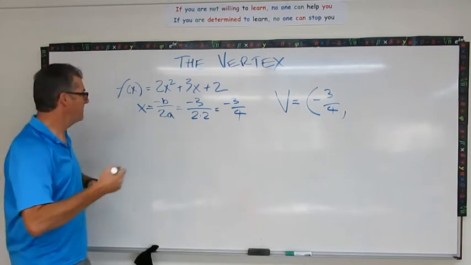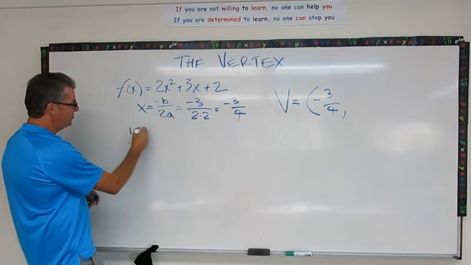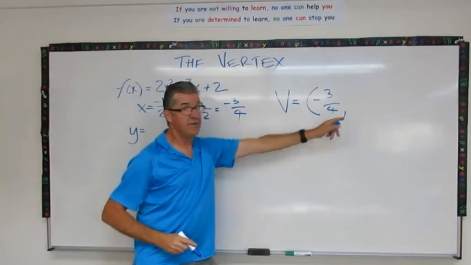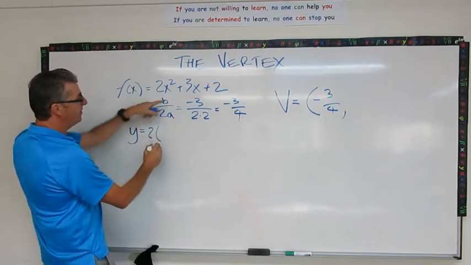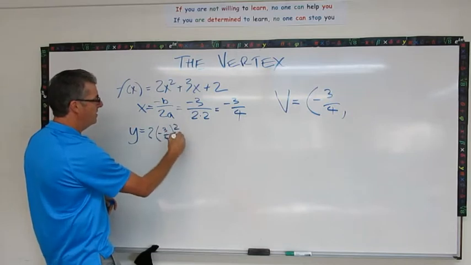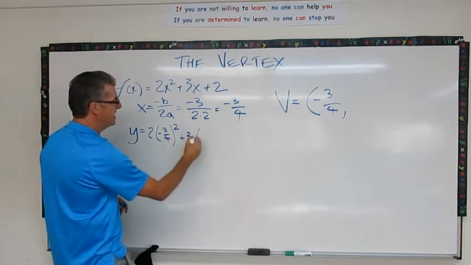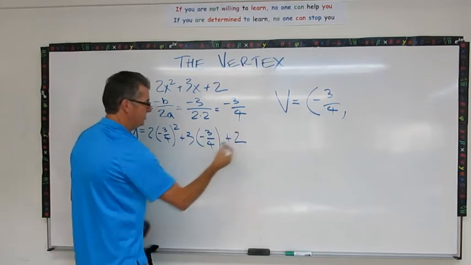Okay. Now I could write f of x. I'm just going to write y, because truthfully, I'm looking for the y value of my vertex. I'm going to get 2 times, plug in negative 3/4 squared, plus 3 times negative 3/4, plus 2.